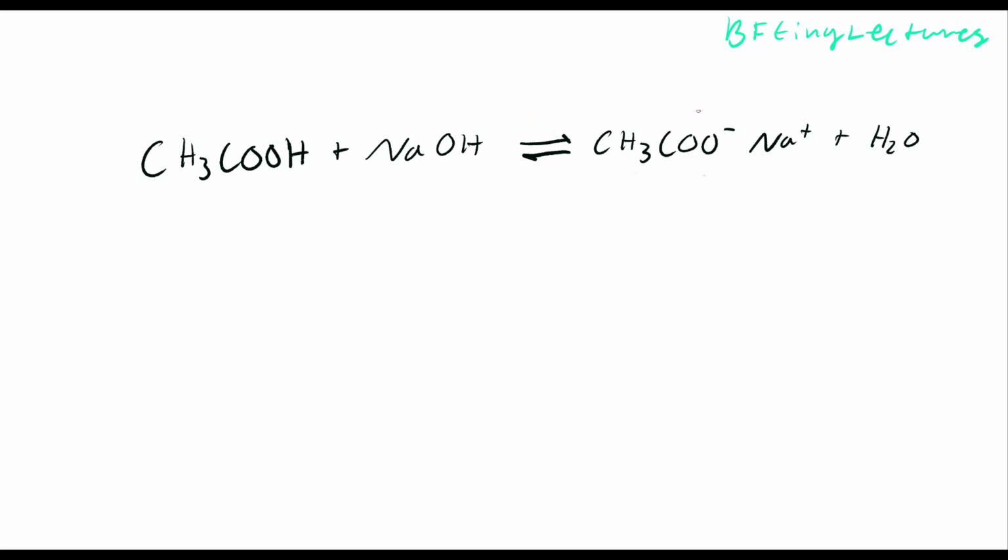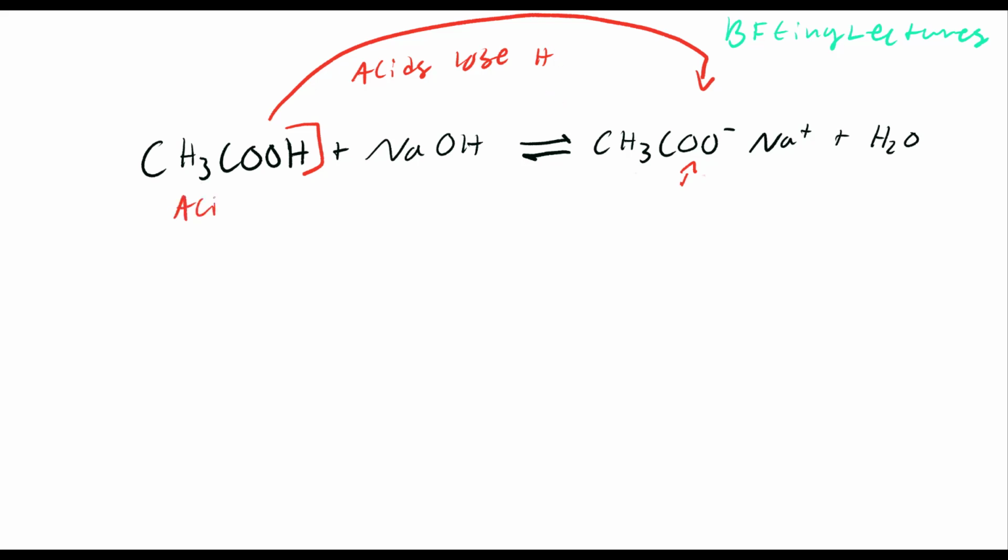Notice that on our product side, this substance lost a hydrogen. So here's our hydrogen, and it was lost in the formation of the product. So from here to here, this acted as an acid, because acids actually lose protons or hydrogens, right? So now this is going to be acting as an acid.